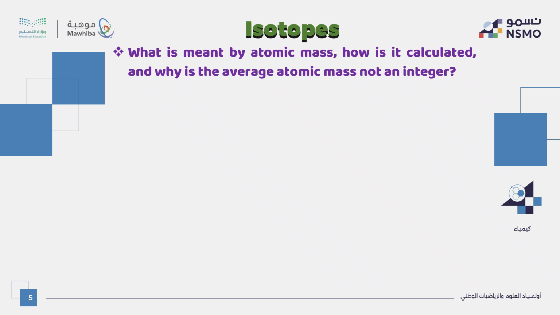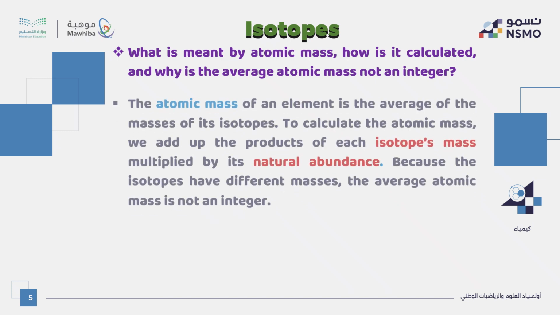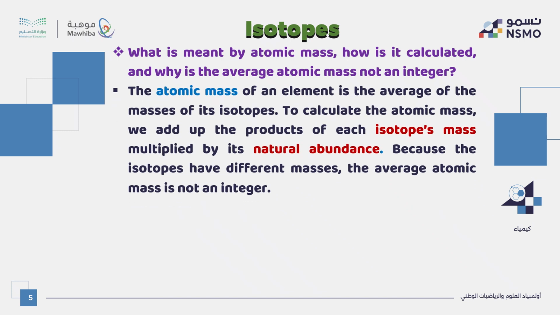To calculate the atomic mass, we multiply the mass of each isotope by its natural abundance, then add the results together. Because isotopes have different masses, the average atomic mass is usually not a whole number.